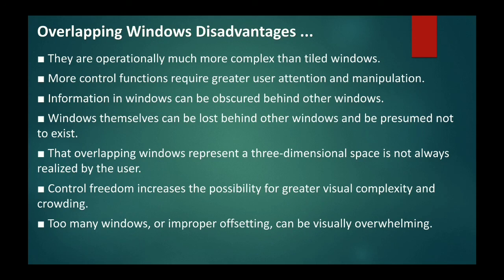But the overlapping one is operationally much more complex than the tiled window. More control functions require greater user attention and manipulation, because you need to remember which window is in which position, so you need to manage it properly. Information in a window can be obscured behind other windows.